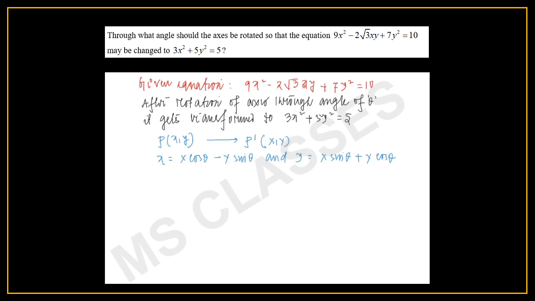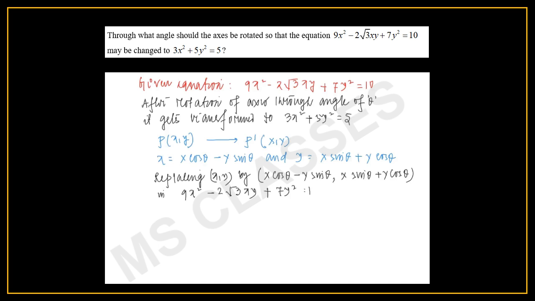So we are replacing x, y by capital X cos theta minus capital Y sin theta, capital X sin theta plus capital Y cos theta in 9x square minus 2 root 3 xy plus 7y square equal to 10.